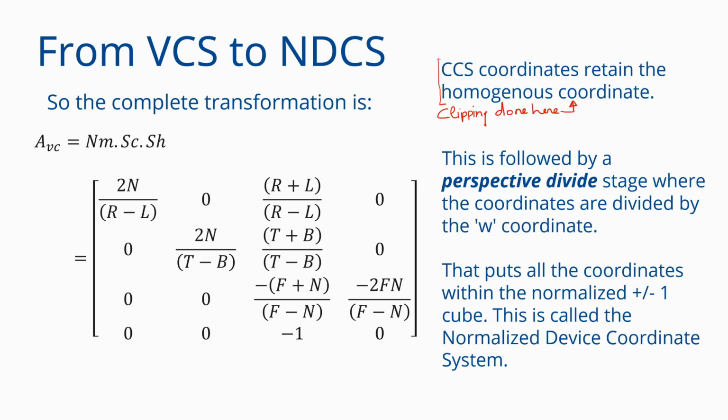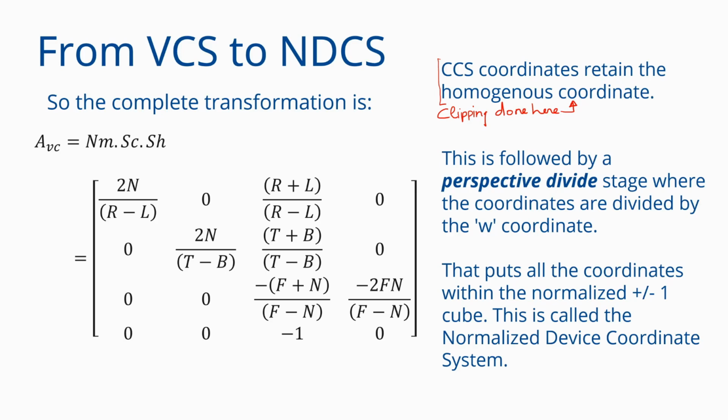Now, why am I asking you to do clipping in CCS in homogeneous coordinates, instead of dividing by the homogeneous coordinate, dehomogenizing your view frustum and your model, coming back to Euclidean, and then doing the clipping?